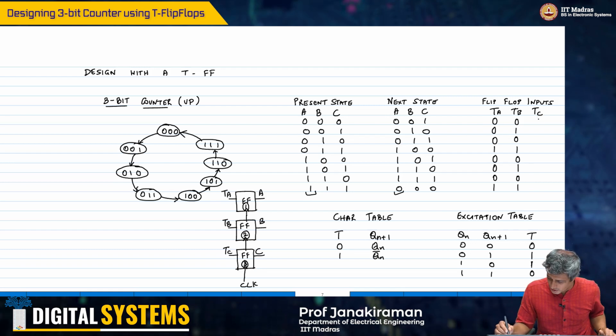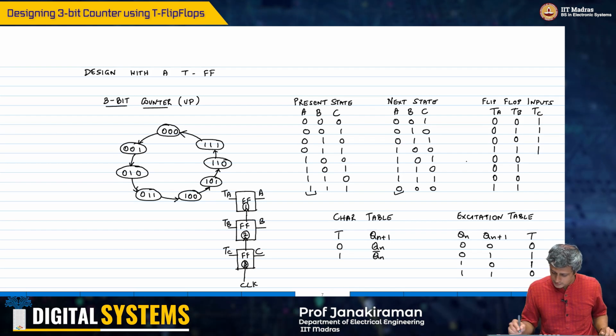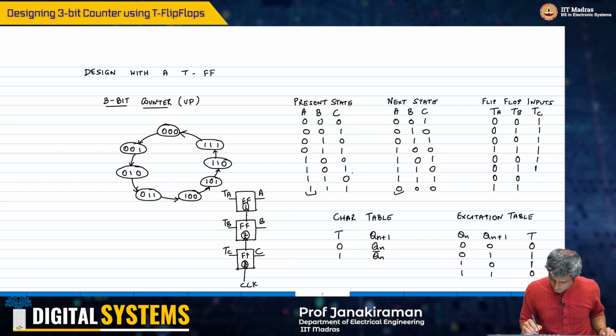TC is going to be: 0 1 is toggle, 1 0 is toggle, 0 1 toggle, 1 0 toggle, every time toggle.